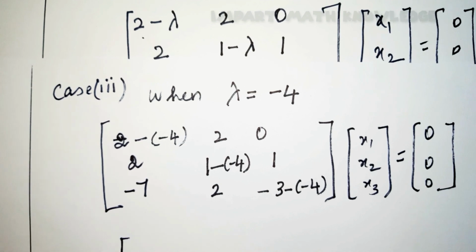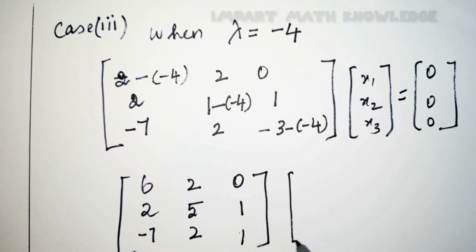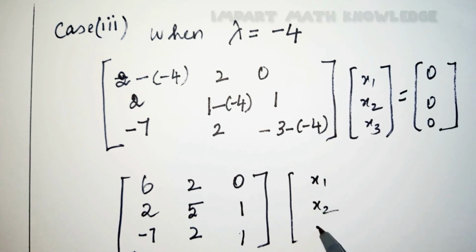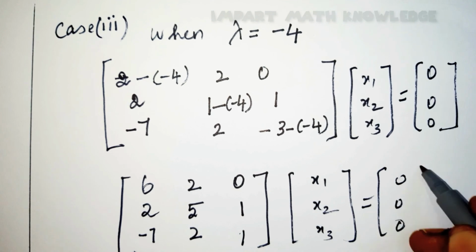Now this can be written as [6, 2, 0; 2, 5, 1; -7, 2, 1] times [x1, x2, x3] equal to 0.